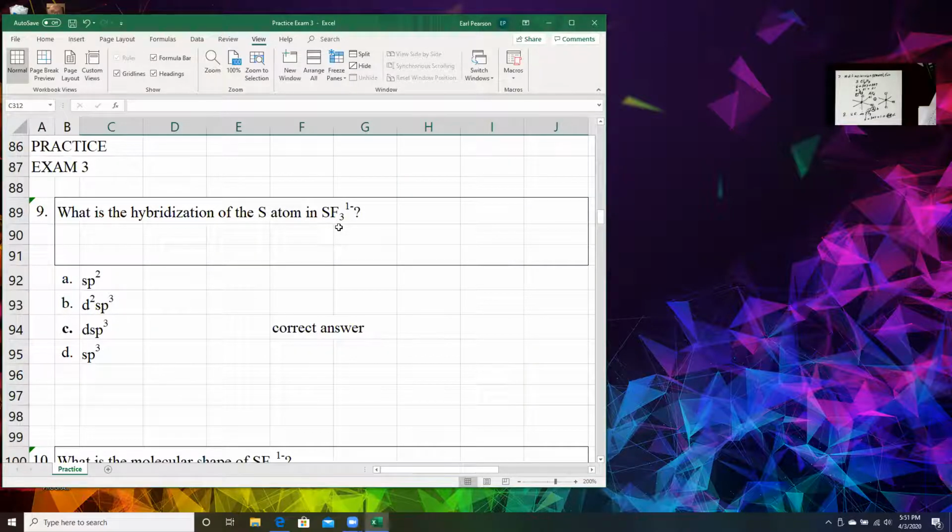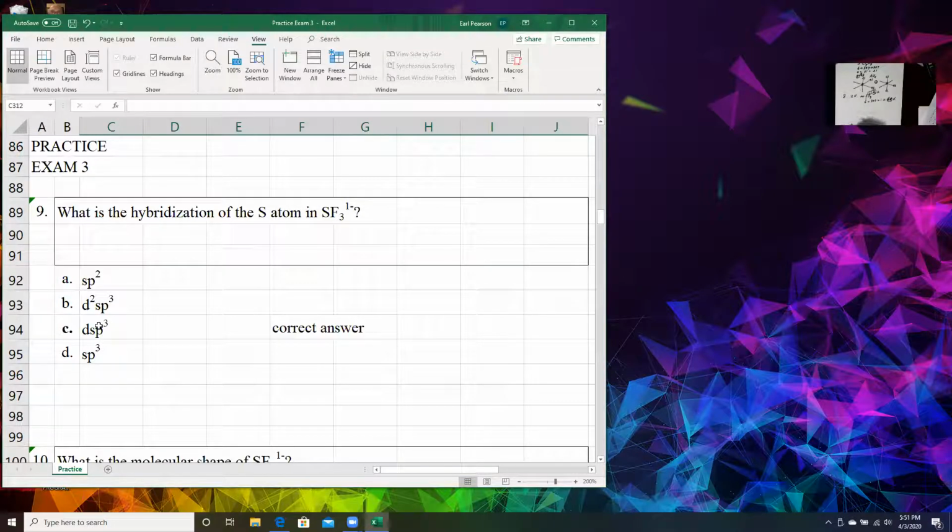But be very careful, because if I missed number 8 and I got a different number of valence electrons, I will automatically miss number 9. So be very careful when you're working these out. We can transfer the answers from one to the other one, but you have to be really, really careful about it.